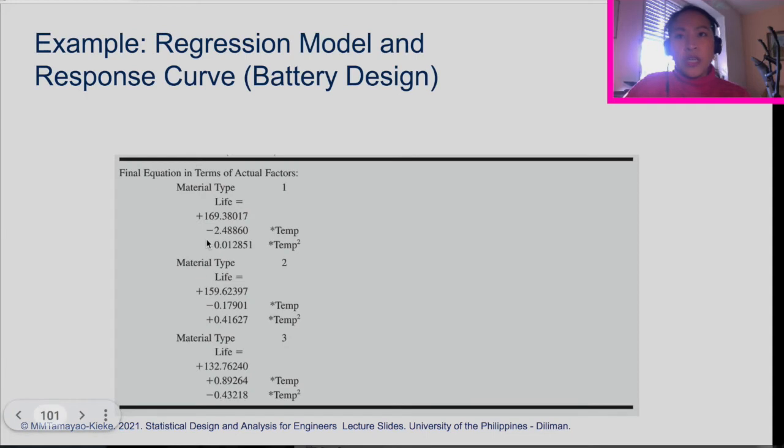This is a partial Design Expert computer output. The first part of the computer output is found in page 212 of Montgomery. But since regression modeling is not yet the focus of this particular lecture, this is not explained in detail here. I just show you here the final equation in terms of the actual factors.